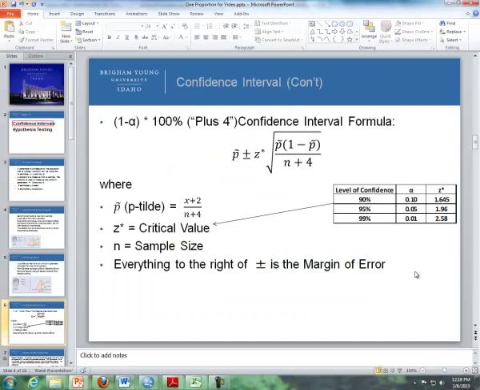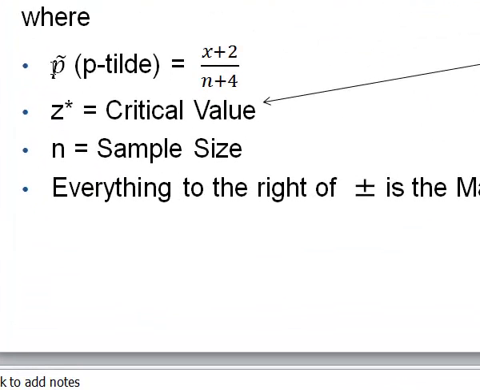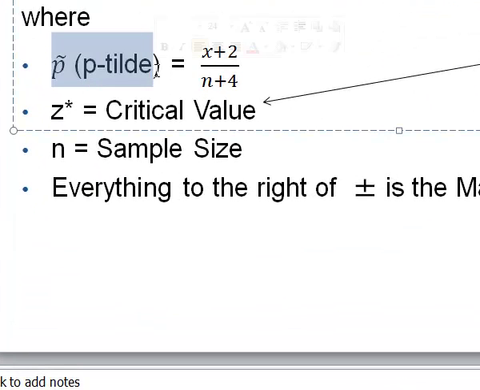So how do we construct our confidence interval? Now in the book it talks about using what's called a plus-4 confidence interval, and based on results that we're seeing historically, as you read in the online textbook, you will see that this is a more accurate confidence interval to construct versus the traditional confidence interval with one proportion. Basically, here's the formula for it, and P tilde is x plus 2 divided by n plus 4.